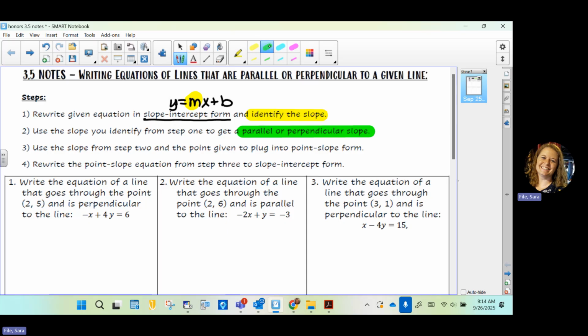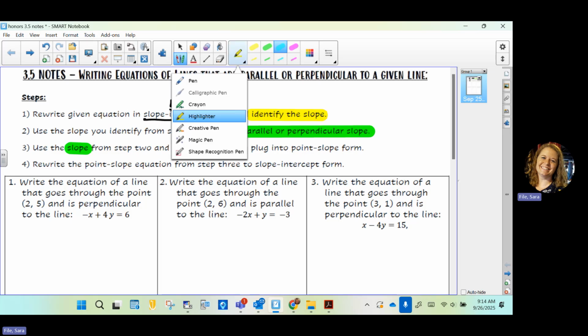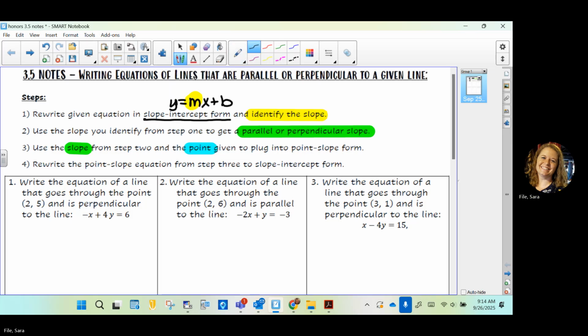Then you use your new slope and the point that you're given, and you write point-slope form, which we did yesterday. We were focusing on point-slope form. That's y minus y1 equals m times x minus x1. Then, depending on what you're asked, you can rewrite that to slope-intercept form.